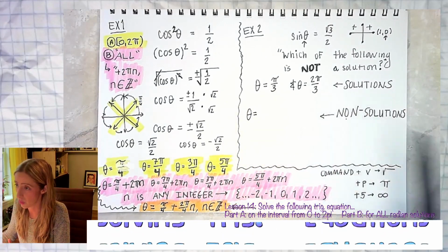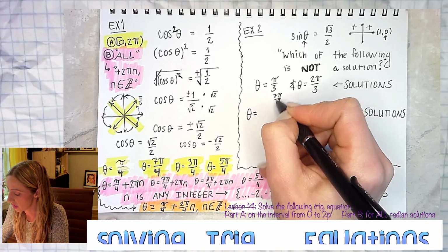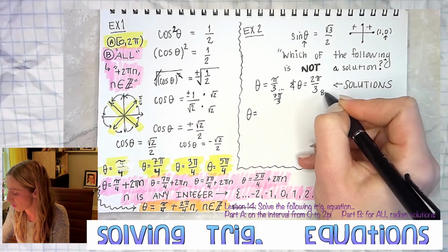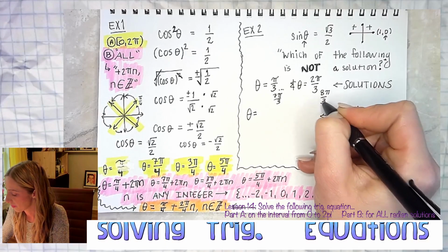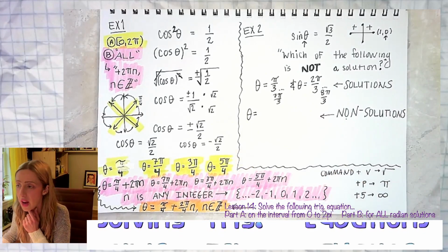These are solutions, and we even named more. We just said 7 pi over 3. We just said 8 pi over 3. Can someone tell me angles that are not solutions?